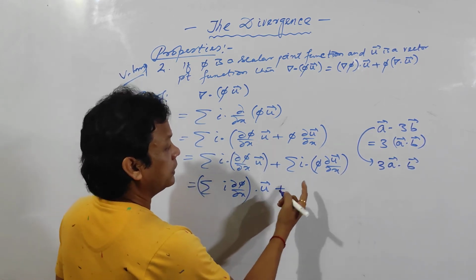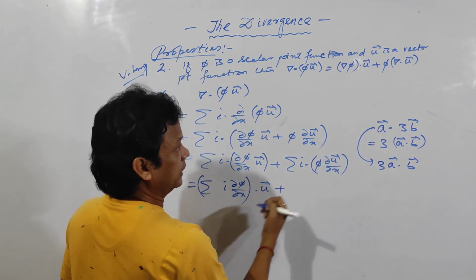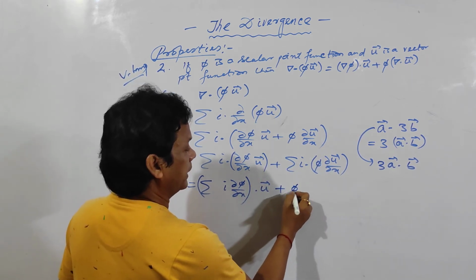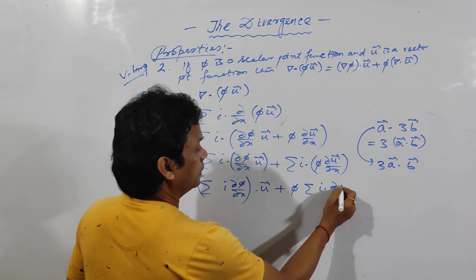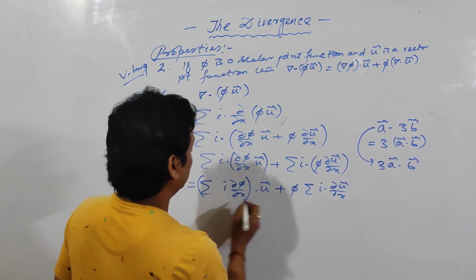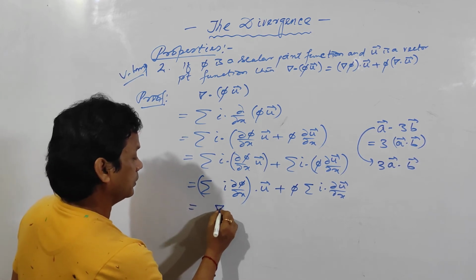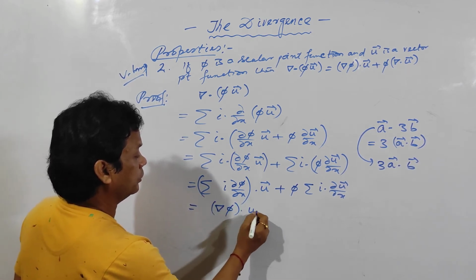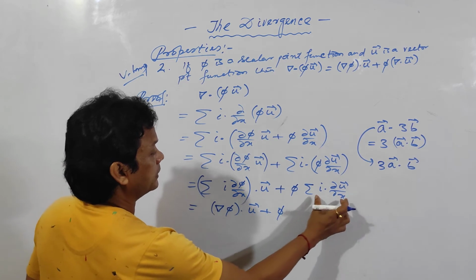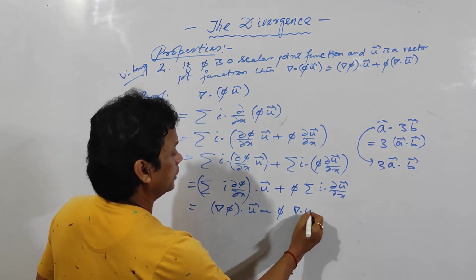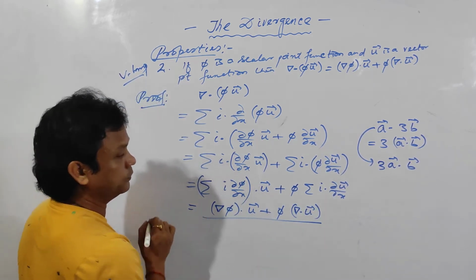Plus here phi is the scalar quantity, so take phi outside: summation i dot del u by del x. And what is this? It is grad phi dot u plus phi times the divergence of u, del dot u. So this is the proof.